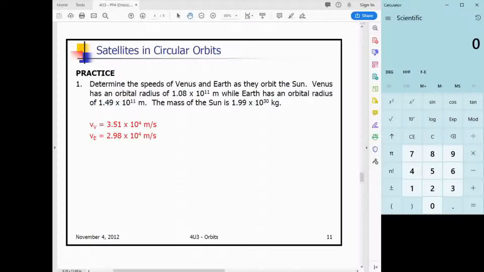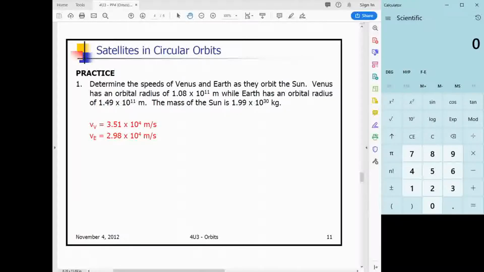I will just take a quick break before we solve this to say that in your textbook it often will ask you to calculate things, and it will not give you the mass of the Sun or the mass of some other planets. I think somewhere in the textbook, I can't recall which page, it has a list of what these are. So assume that those are constant values that you can substitute in. That'll help you solve these problems. And for the Sun, it's 1.99 times 10 to the 30.